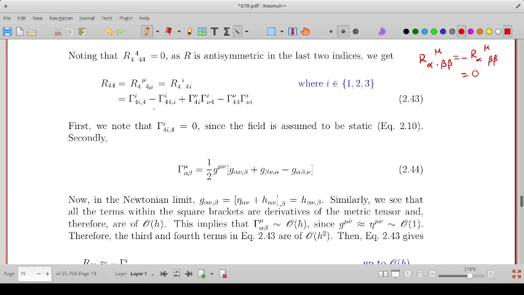Now gamma involves the metric tensor, and therefore the derivatives of gamma with respect to x4 also become 0. So gamma I 4I comma 4 will be 0. So the remaining terms in this expression are these three, and we need to keep only the lowest order terms in h in these three.